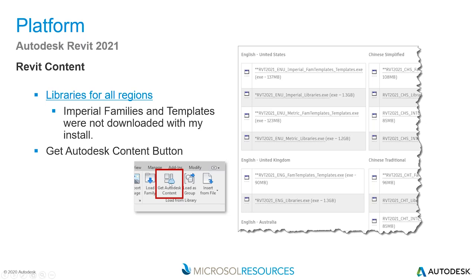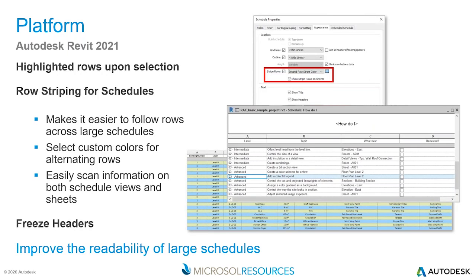It's right there on the Load from Library tab, so you can get the content quite easily. Some of it is quite big, we're talking 1.2 gigs for the metric library, but they're making it a little more accessible. Your initial installation or deployment can be rather light, and then individual users can download the content as they see fit, depending on what region they're working in. I thought that was interesting.